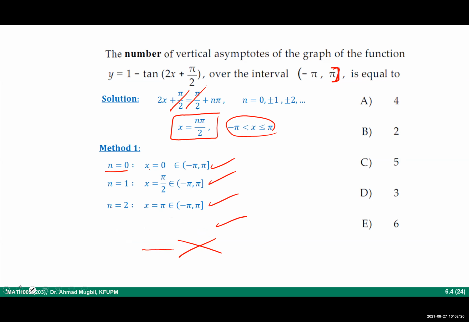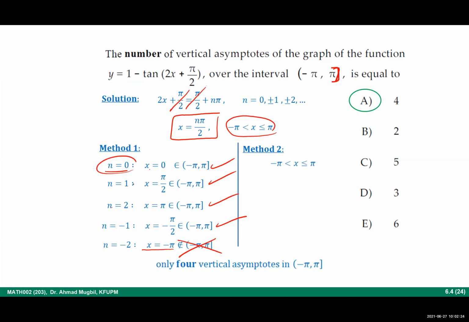There is a better way, in my opinion, to find this. Instead of trying these values, you need to know how many n's I need. So for method number 2, you do the same up to here. Now put x between negative pi and pi. What is x? x is n pi. Now I need to know what are the n values that I need.